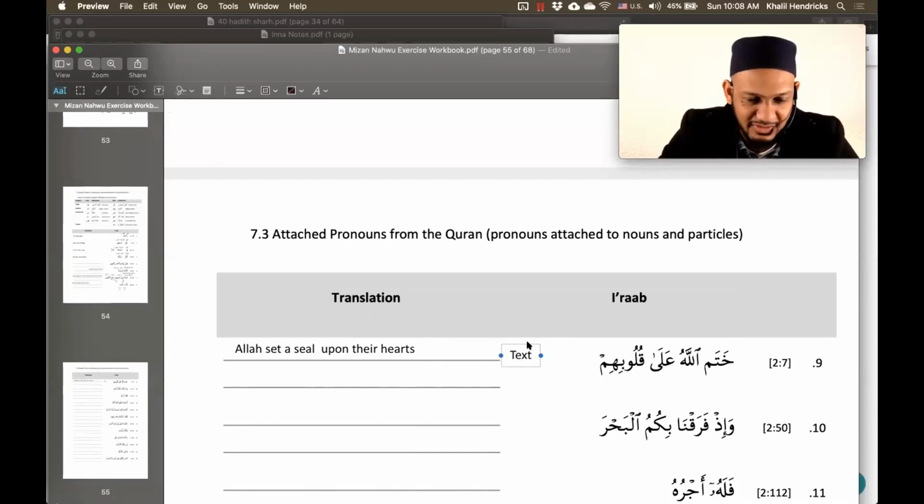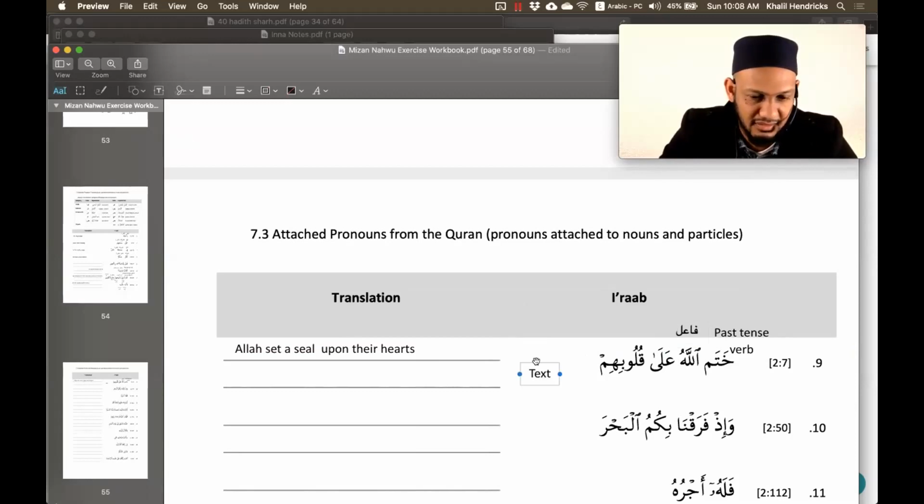What is khatama? Khatama will be a fi'l madi, a past tense verb. And the word Allahu will be the fa'il. Then ala will be the harful jar.